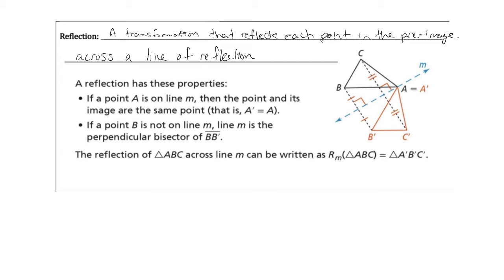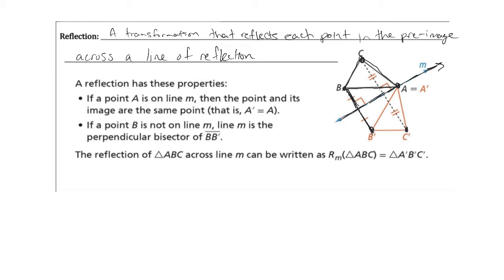If you look at this picture here, say M is our line of reflection, and we had triangle ABC here. When we reflect over it, C ends up being the same distance away from that line of reflection, and B is also the same distance away. This distance is the same as this. And A is on that line of reflection.